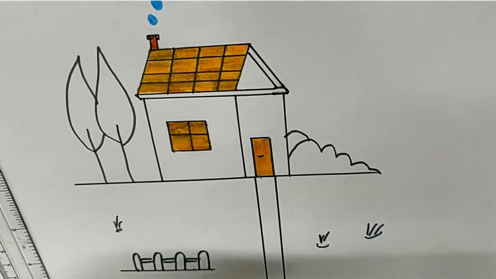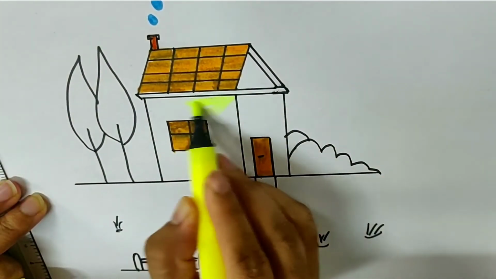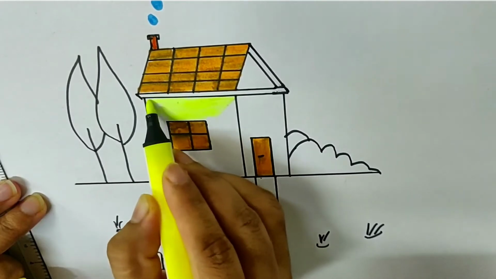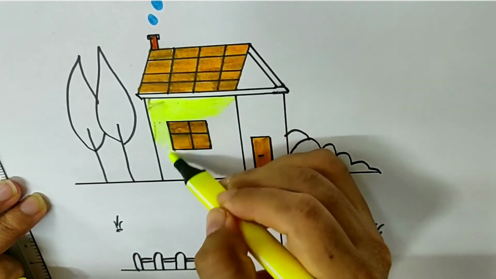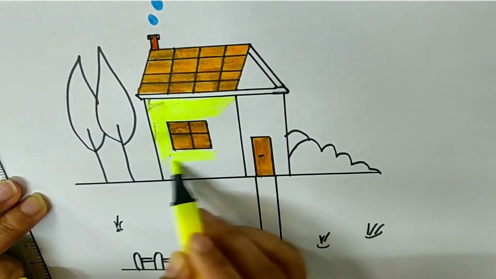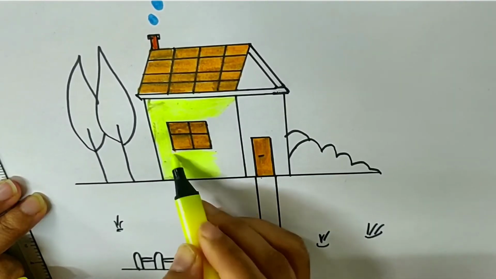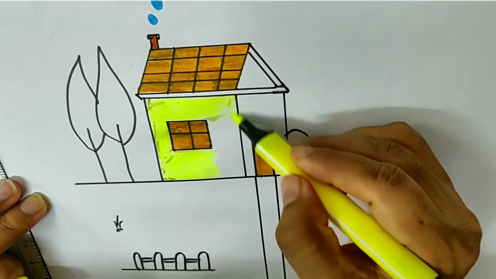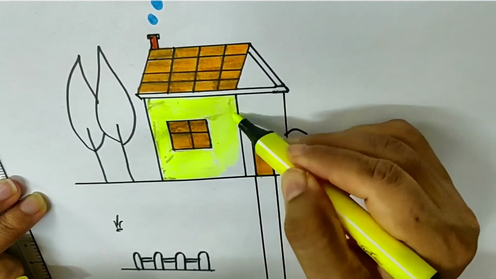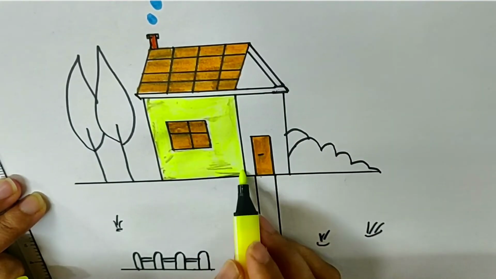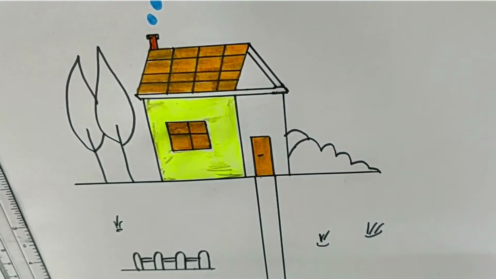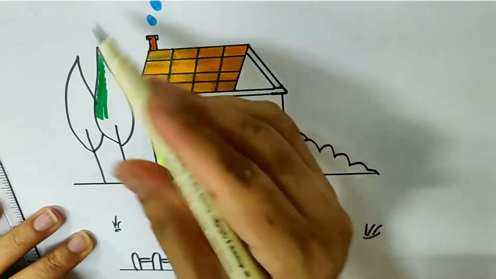Smoke coming out from the chimney. And of course, now we'll paint the house. You can paint whatever color you want, it's up to you. Some people like yellow, some people like green, blue, red, purple.